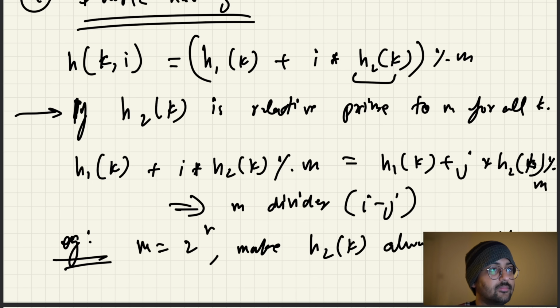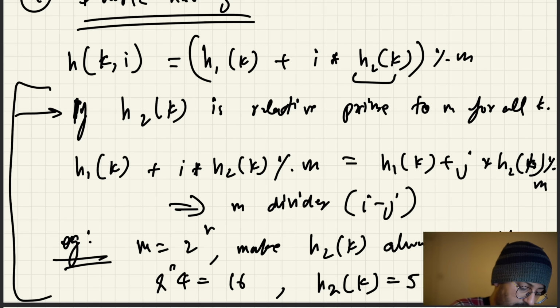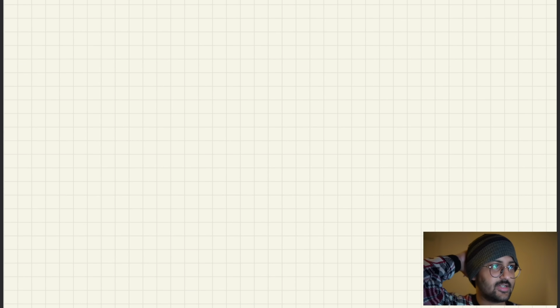So for example, the size of the array is 2 raised to power 4, which is equal to 16, then h2 of k can be equal to 5. Okay, so I would say don't worry much about this thing. This was a little extra thing. I'd say you can skip it. It's fine. No one will ask you that much in detail about how double hashing works internally. No one will ask you about double hashing either way.